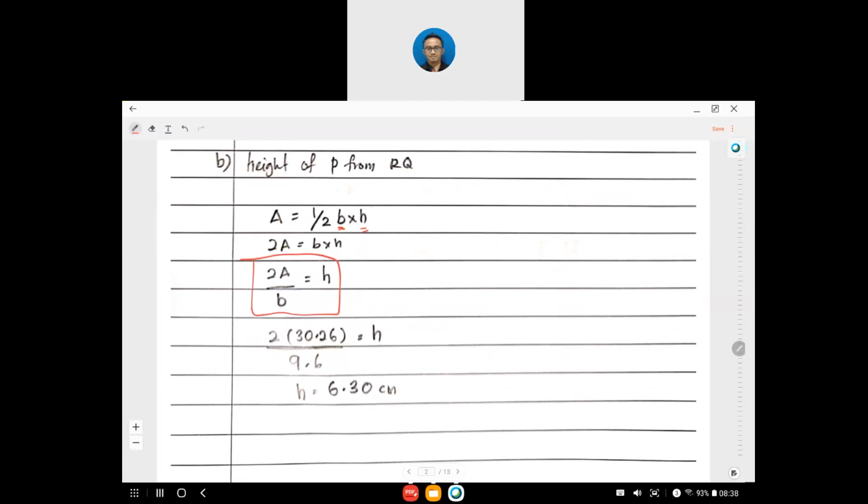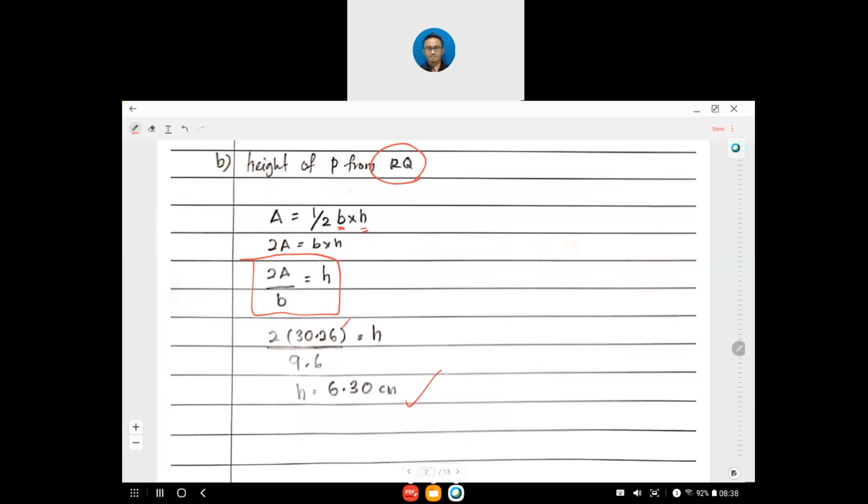Okay, what is your 2A? Your A, you already got, which is 30.26, and then B is your base because you want to find from RQ, so 9.6, and then H you can get 6.03.